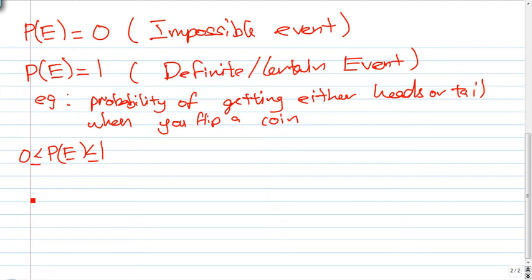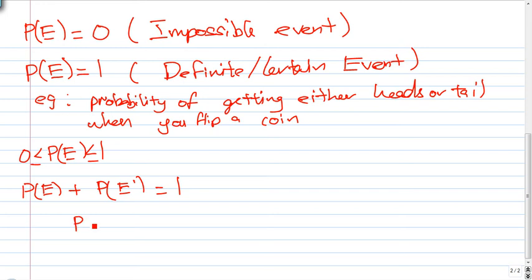And last but not least, the probability of an event occurring plus the probability of the complement of the event occurring is equal to 1. When you add the probability of an event to the probability of its complement, it is definitely equal to 1.